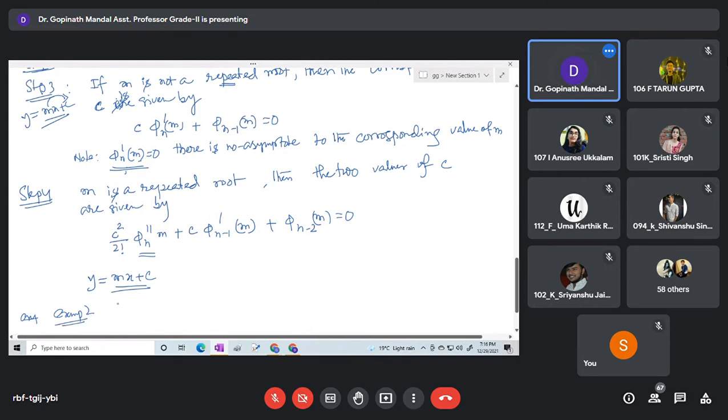Example, suppose we have given a curve like that, x cube minus x square y minus xy square plus y cube plus 2x square minus 4y square plus 2xy plus x plus y plus 1 equal to 0.